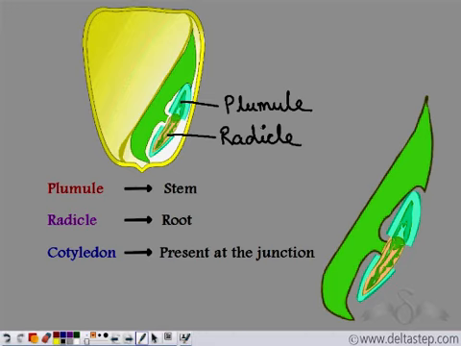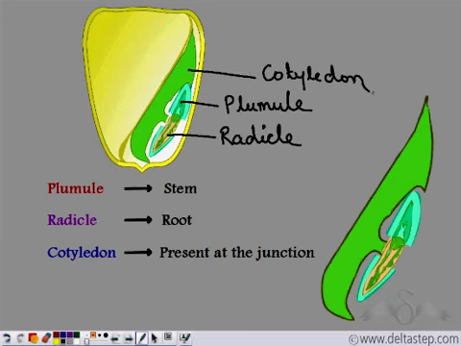And the structure that holds the plumule and the radicle together is this part which is known as the cotyledon. So this leaf-like structure here is known as the cotyledon. So see, this is a zoomed picture.